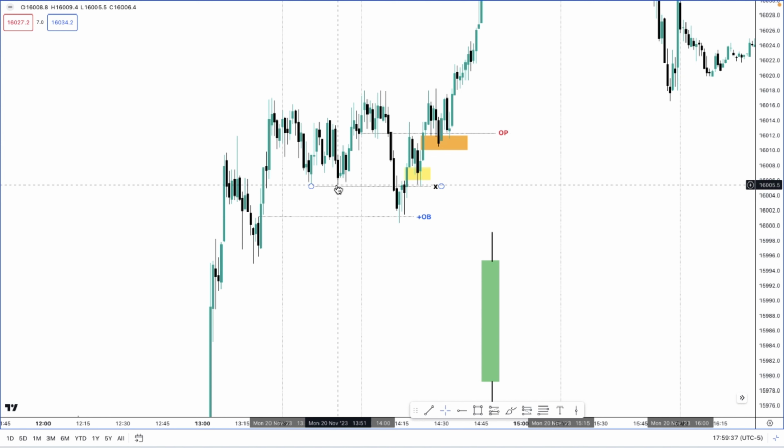Once price trades below that, we look to see, is there an imbalance below price? Yes, there's an imbalance below price right there. Price finds support, trades with the bullish order block, and then it starts showing signs of pricing higher.